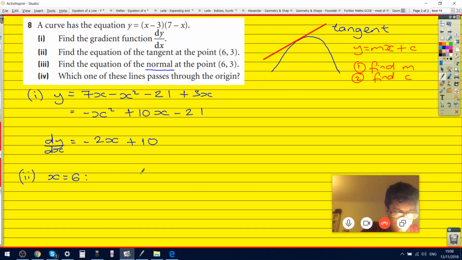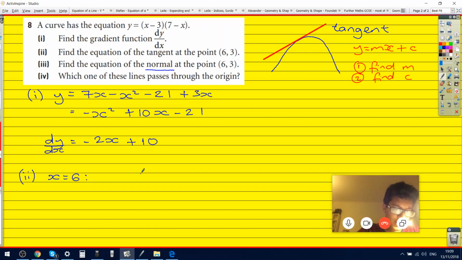Okay, the problem there is you don't know what m is, so I'd find m first and then use that to find c. How do you find m? Would we use the dy by dx?